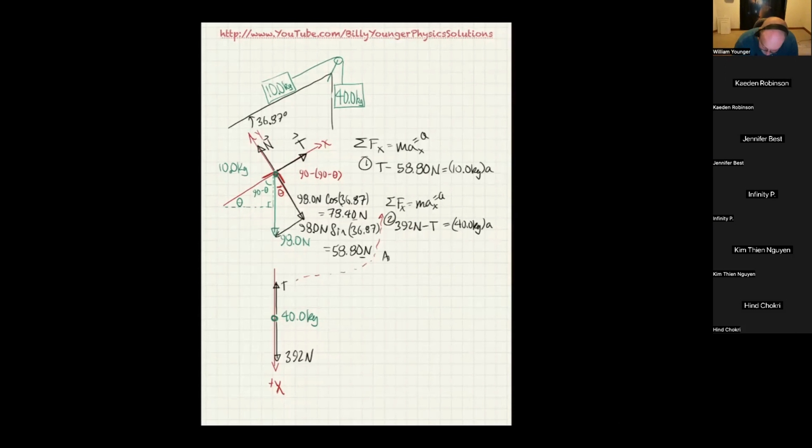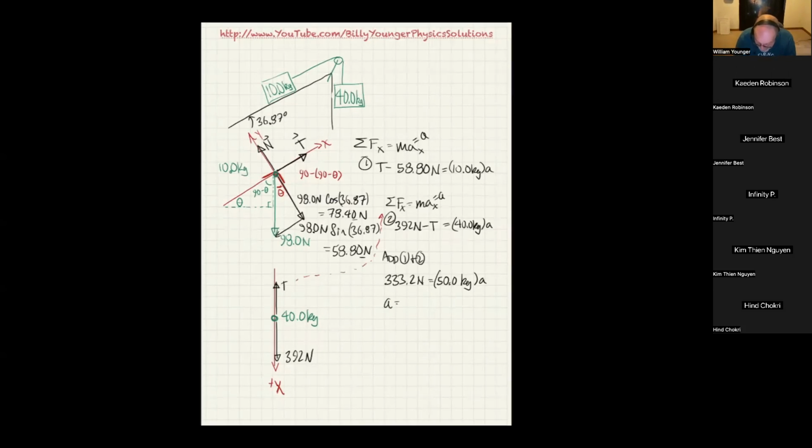Now I add 1 and 2, and you see that you're going to have basically 392 minus 58.8. That's going to give me 333.2 is equal to 50.0 kilograms times A, because when you add 40 kilograms and 10 kilograms, you get 50.